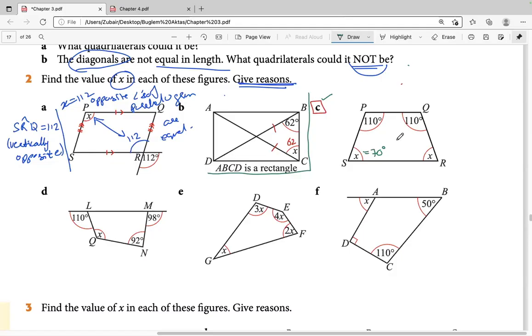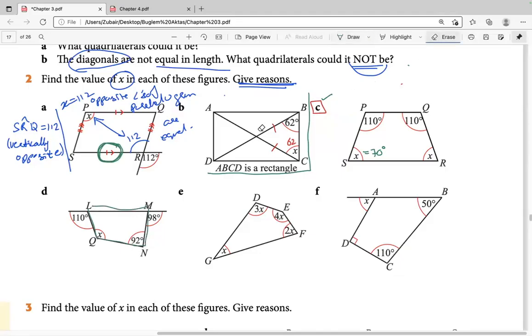But how are we sure that it is a trapezium or not? Do you notice these arrows in question 2A? These arrows are basically used to show parallel lines. Just like in the B part, L, Q, N, M, and L again.